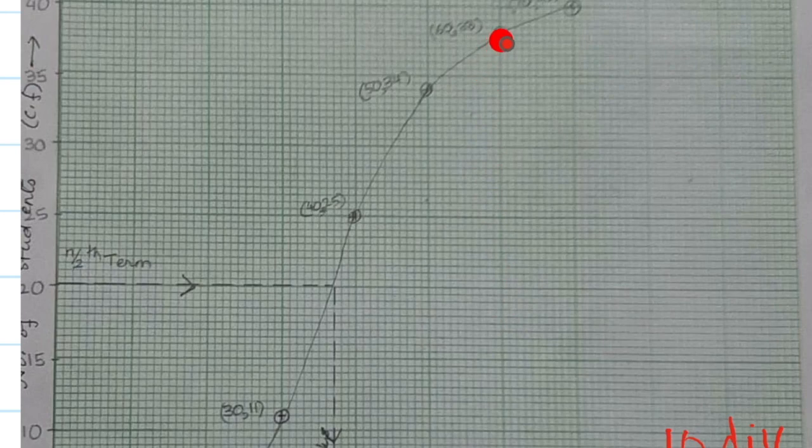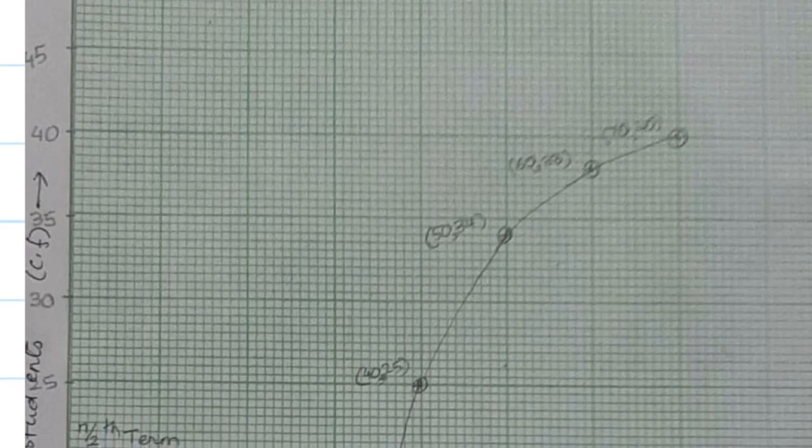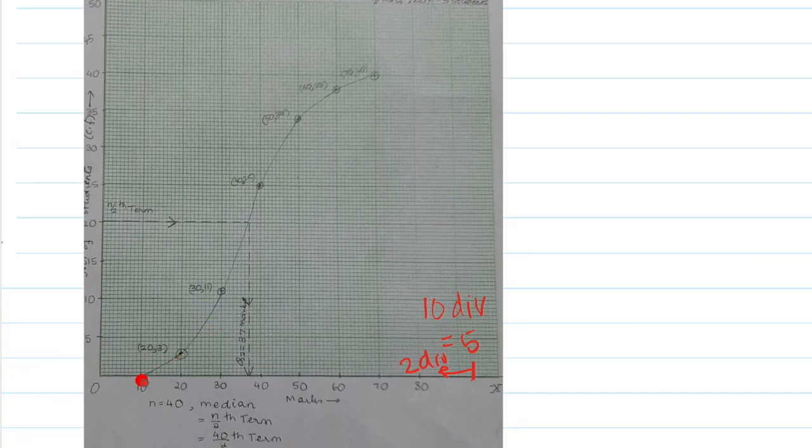Then 60, and here it is 38, so I come down 2 divisions and mark it, and the last one is (70, 40). Just make sure that you take the upper limit of the earlier interval, that is 10, and then draw a smooth graph like so.